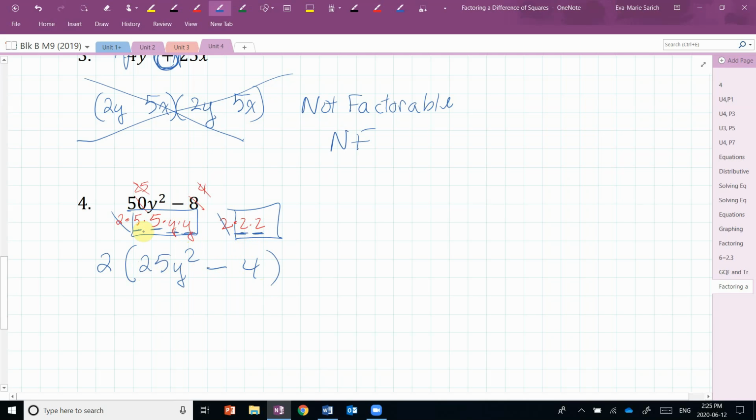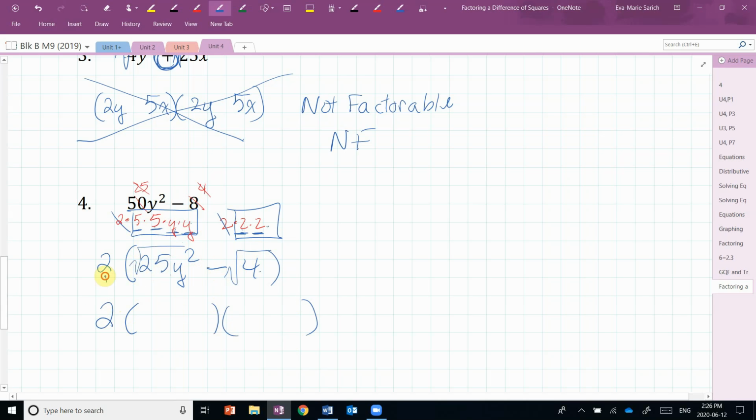Once you've factored that out, because 5 times 5 is 25 and y times y is y squared. And then 2 times 2 is 4. But you should recognize this, in fact, that you can take the square root. And that means that this would break down into 2 binomials, because it's got the subtract in there as well.